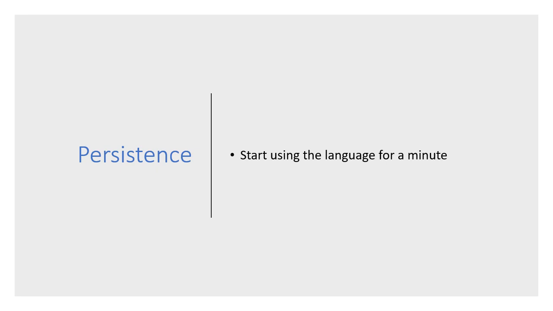The next step is the persistence. Start using the language for a minute. So you decide within a minute we are not going to use any other language but Sanskrit.